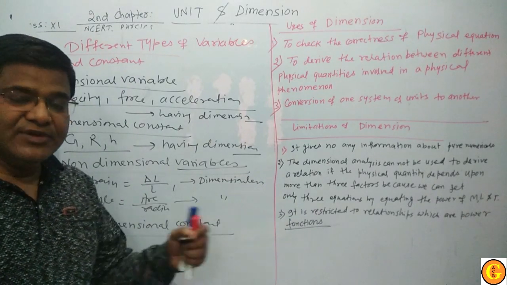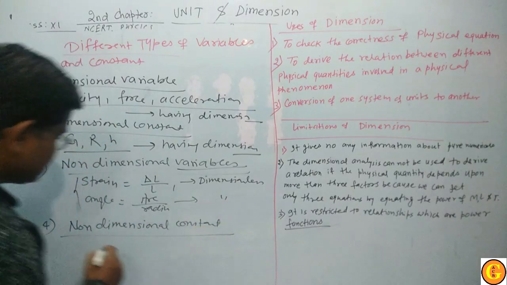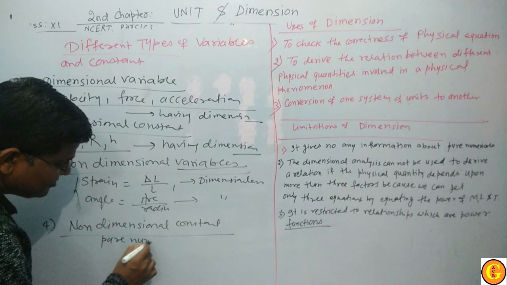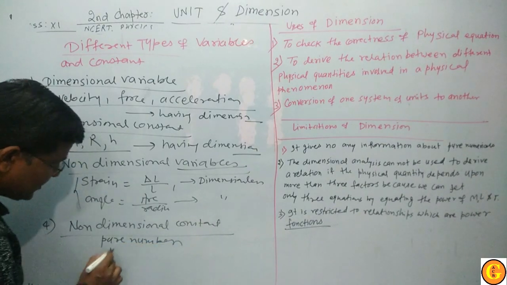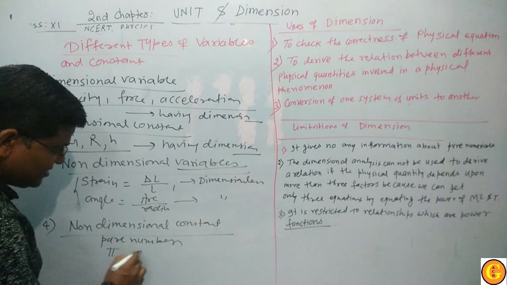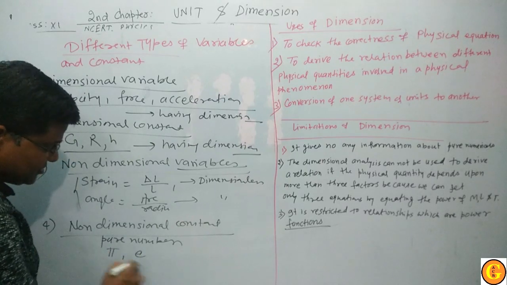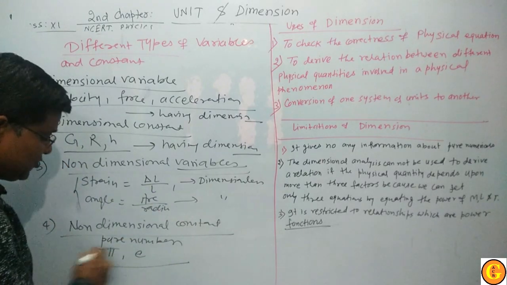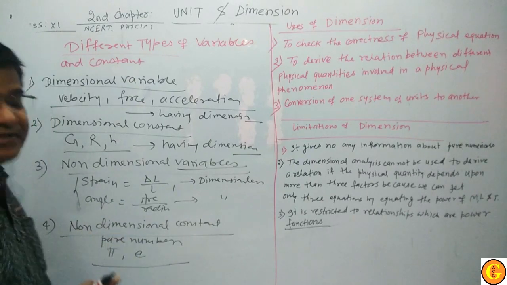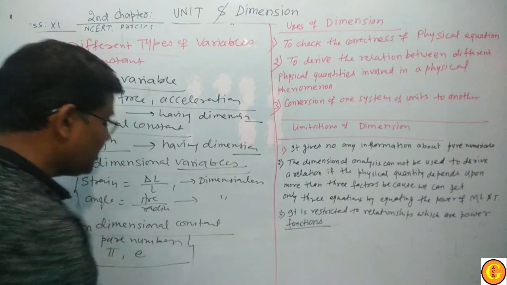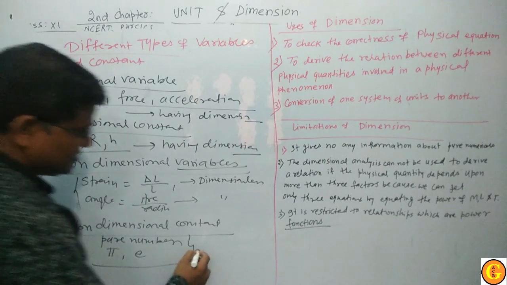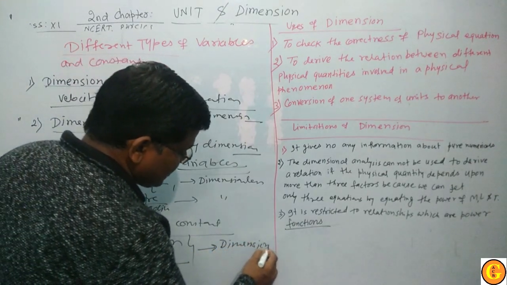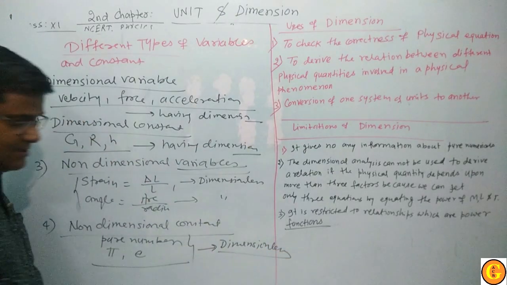A constant which has no dimension, for example pure numbers, pi, and the exponential value e. Trigonometrical values are also variable, but here we mean pure numbers, pi, and the exponential value, constants. These all are dimensionless.